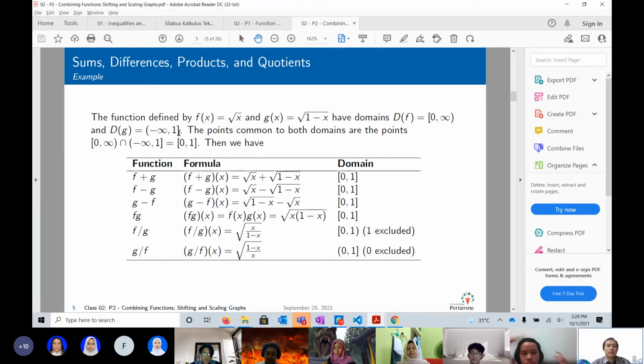Remember the explanation about the domain of a function? In this case, the x that are present in both intervals are only the x in the interval from 0 to 1. Agreed? Any question before I continue with the table?